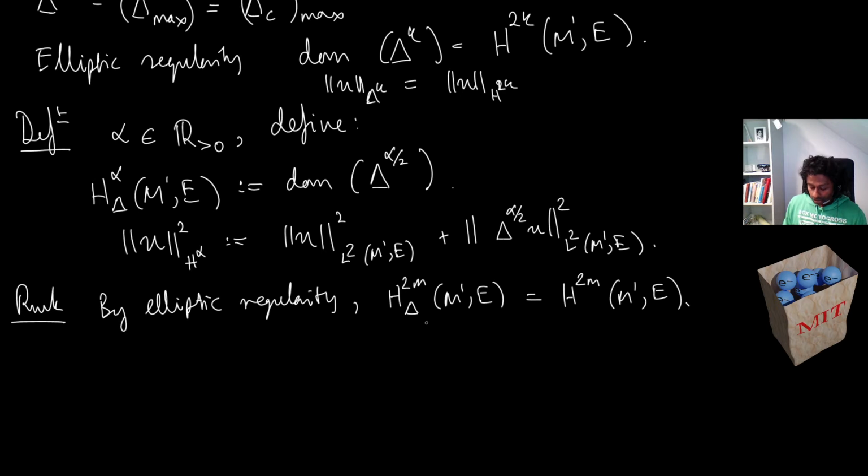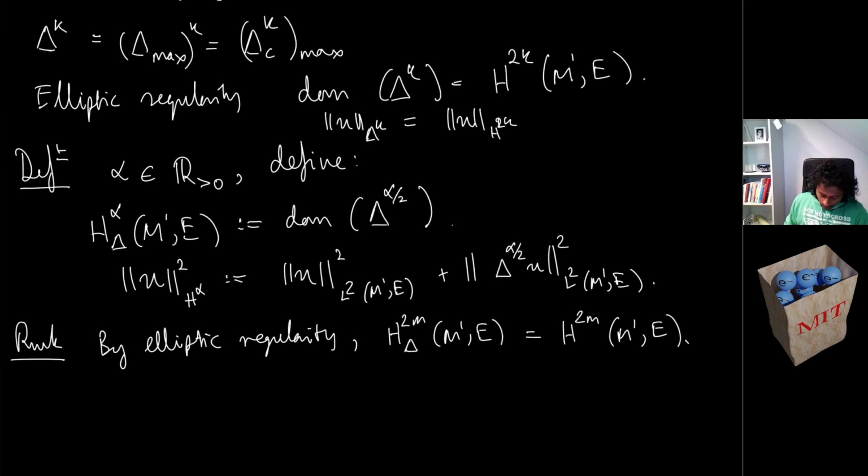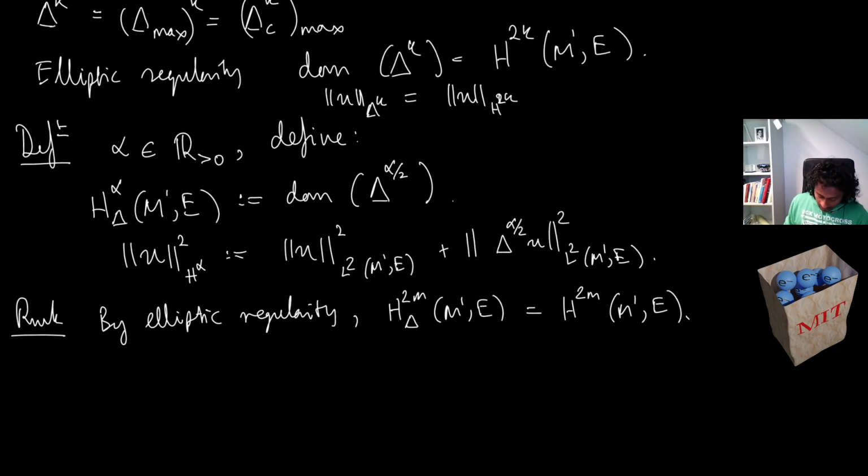In fact, what we will see is that if you have a higher alpha, the domain is contained in a space with a lower alpha. For that, we need something extra, and that includes the norms. So we don't need any Poincare inequality here.